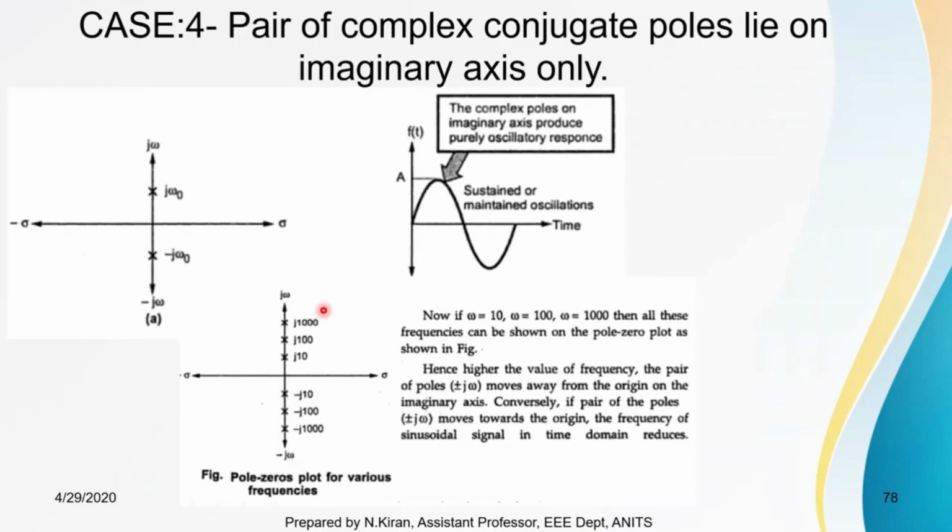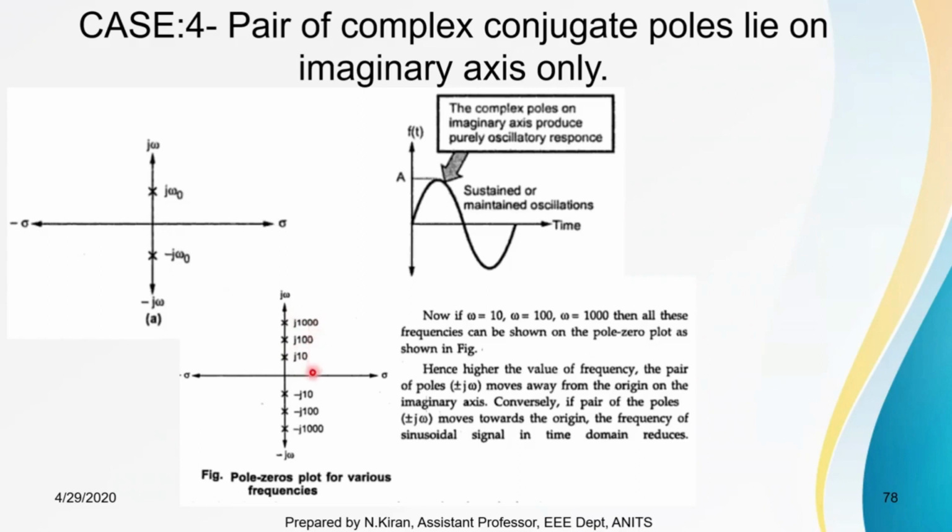So as you can see, if there are complex conjugate poles on the imaginary axis, in time domain it will be an oscillatory or sinusoidal response. Similarly, if I have complex conjugate poles on the imaginary axis at, suppose, 10, 100, 1000, as we go further the omega value increases.